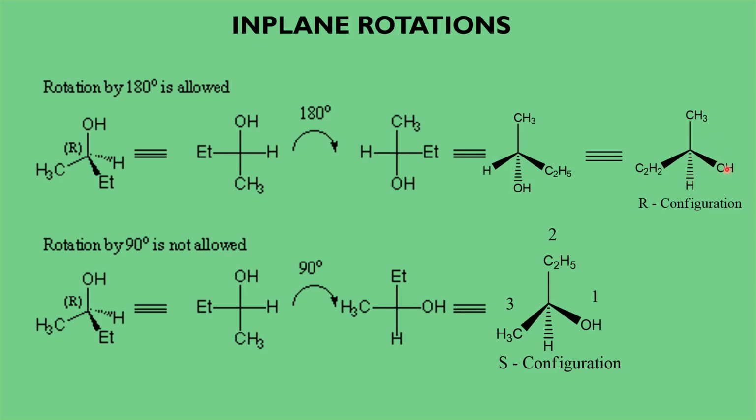Now read the priority numbers 1, 2, 3. Your eyes travel in the clockwise direction. Therefore, this has R configuration. So when we do a 180-degree in plane rotation, that is equivalent to two interchanges, and that results in the retention of configuration. That is why 180-degree in plane rotation is allowed in a Fischer projection.